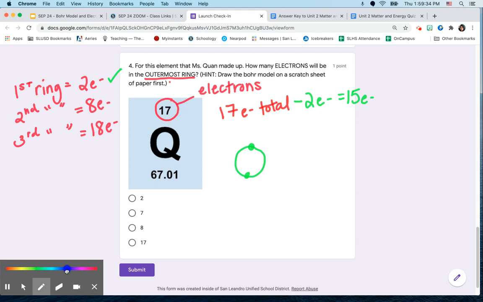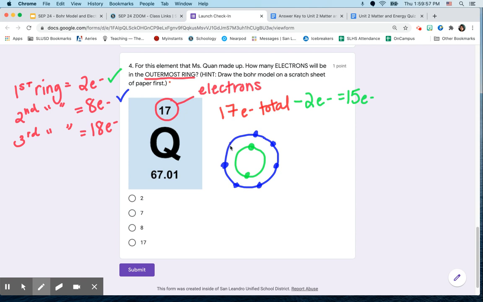But before I draw them, I need to create another ring because the first one only fits 2. My second one fits 8. So since I need to draw 15 total now, after drawing these 2, let's draw the 8 here. 1, 2, 3, 4, 5, 6, 7, 8.